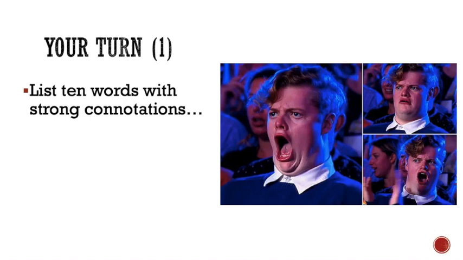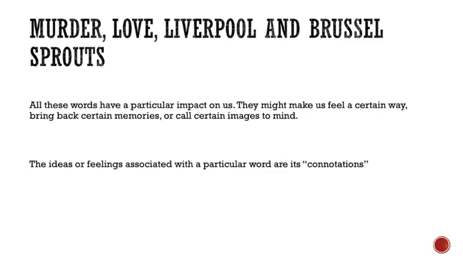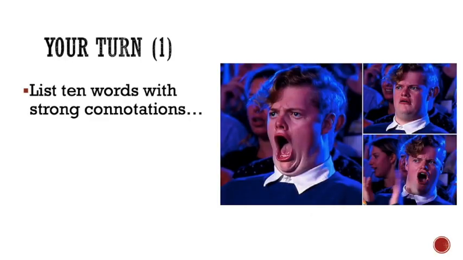Your turn. Now, on the piece of paper in front of you, you're going to see how there are different questions with different numbers, and they are linked to this video. So your turn, number 1, means you find that spot on the piece of paper where it says number 1. Cool. I want you to list 10 words that have strong connotations. So, my 4 are murder, love, Liverpool, and Brussels sprouts. Those 4 words have got strong connotations.